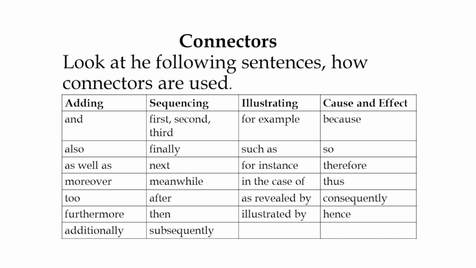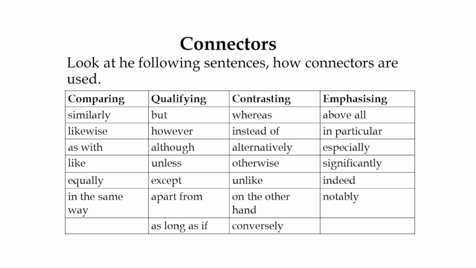It is followed by comparing, qualifying, contrasting, emphasizing. These are also connectors. Comparing one to one or comparing one with more ideas, the connectors are similarly, likewise, as with, like, equally, in the same way.